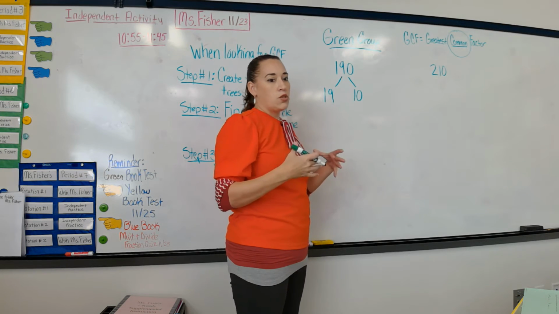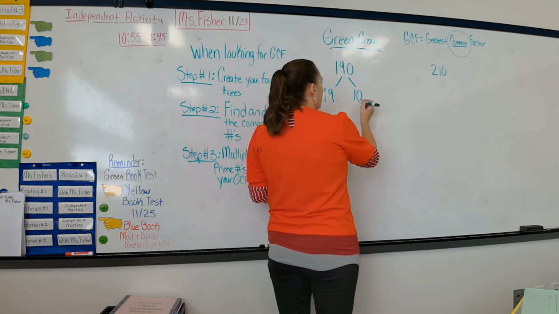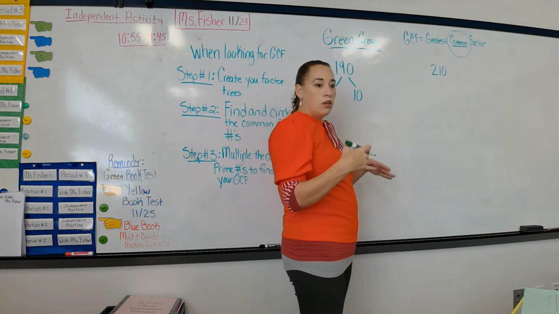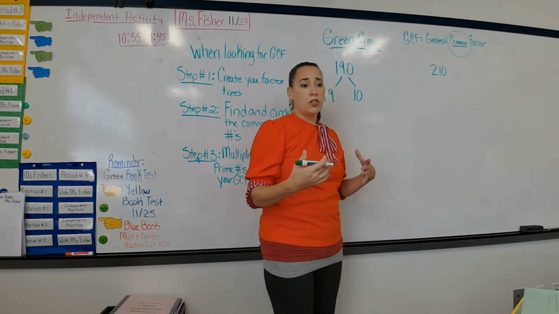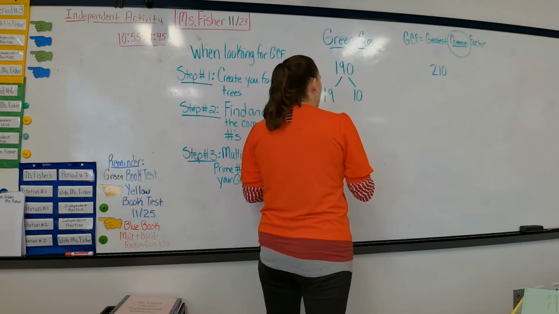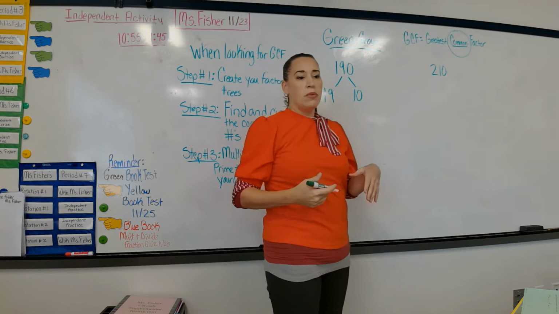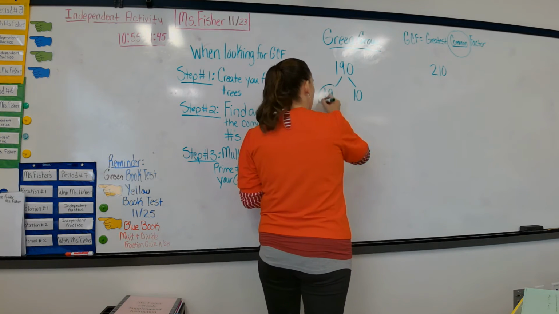Now, if you want, on your own, you can keep dividing out the 2's. And as long as you do your division correctly, you will come up with the same final answer as me. Okay? We know 19 is a prime number because it's only divisible by 1 and itself, so I'm going to circle it. It's all done.